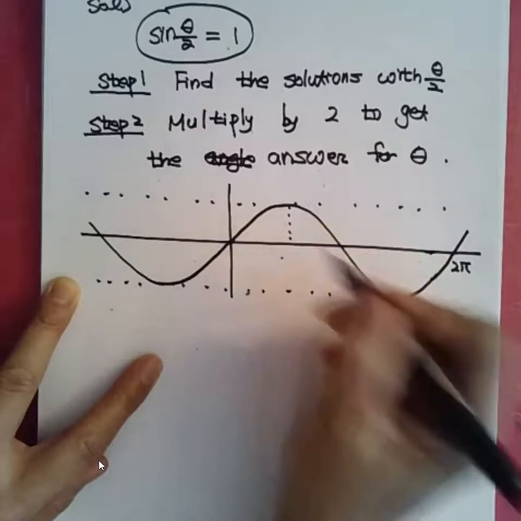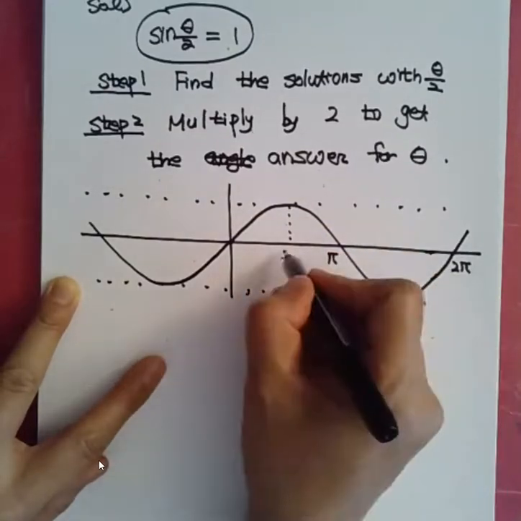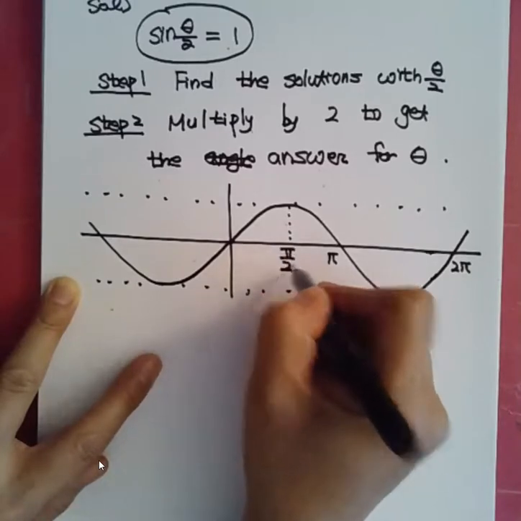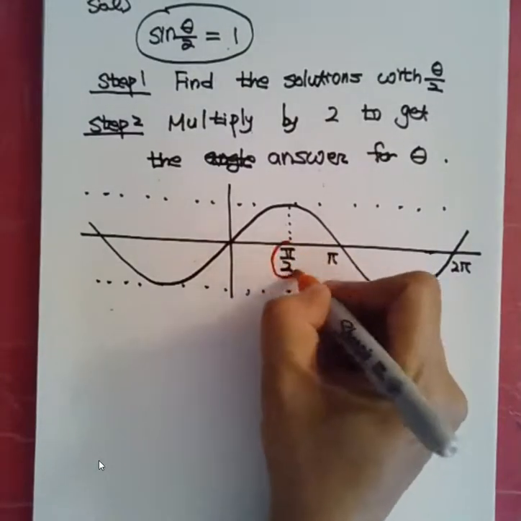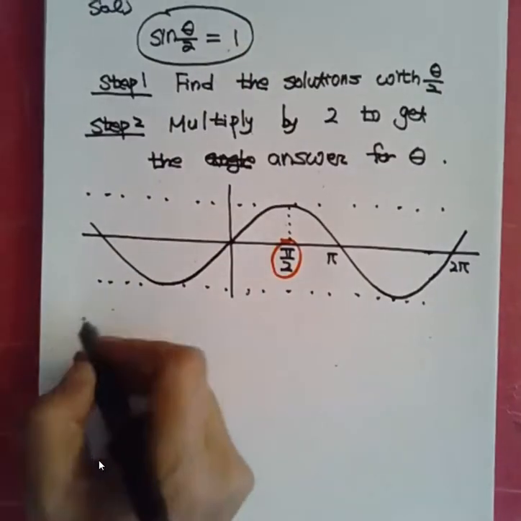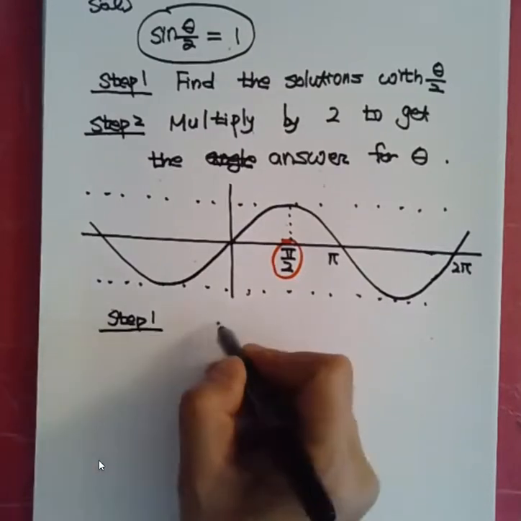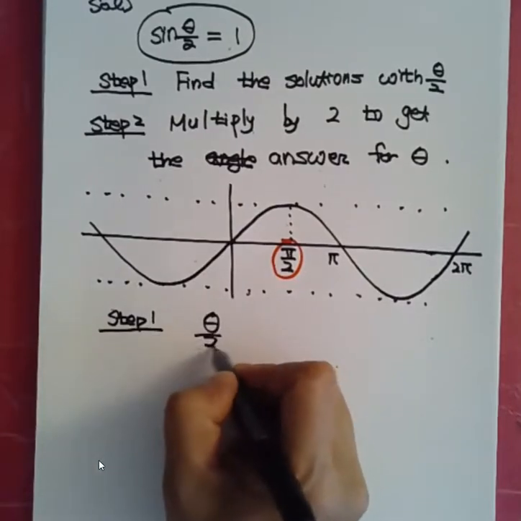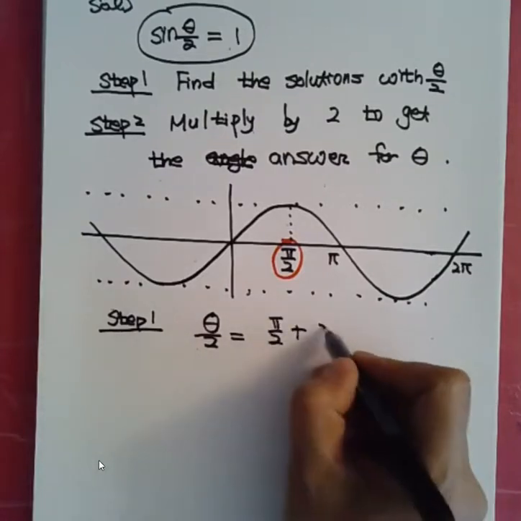Between 0 and 2 pi, we have only one solution. When the angle value is pi over 2, the sine value becomes 1. So for step 1, the answer will be theta over 2 equals pi over 2 plus 2 pi k.